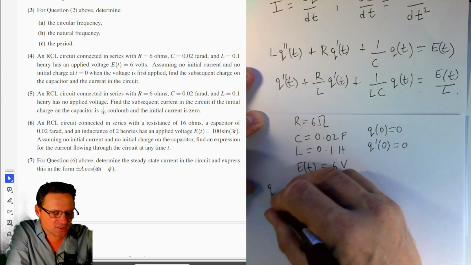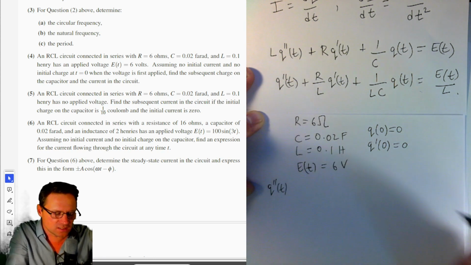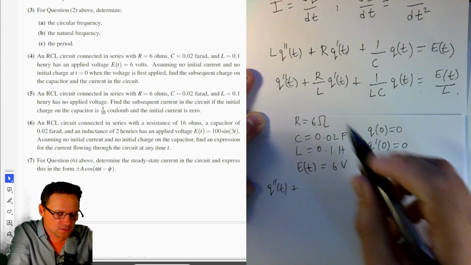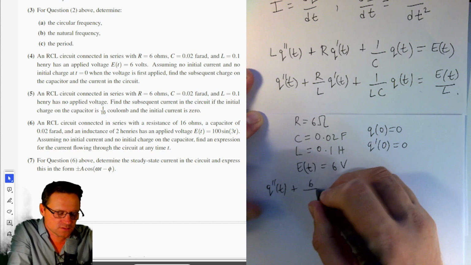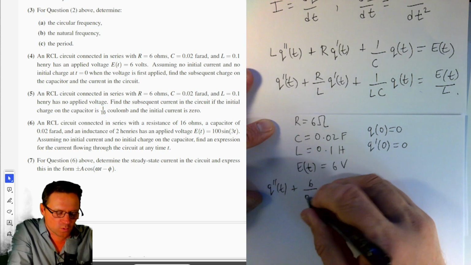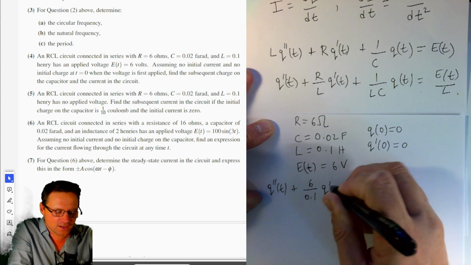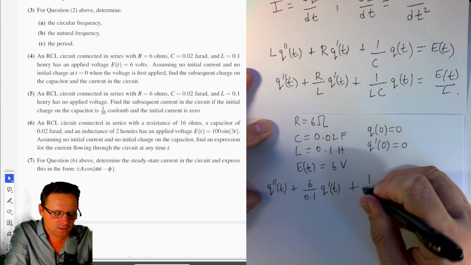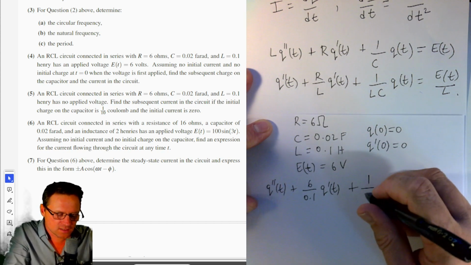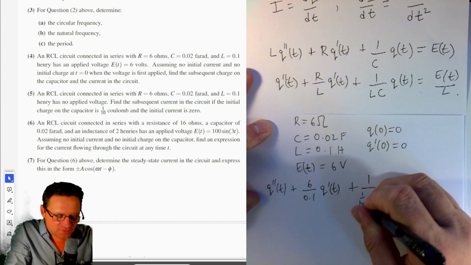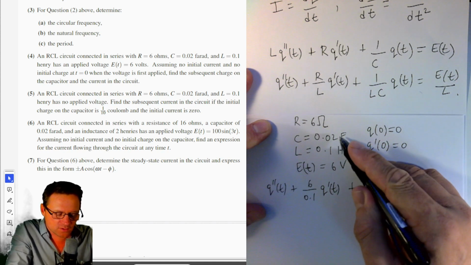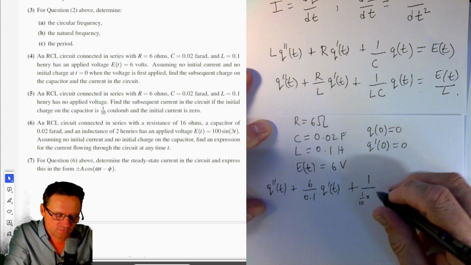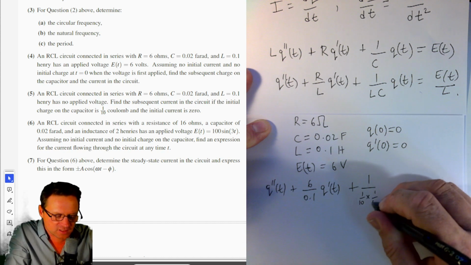So this gives us q''(t) plus 6 over L, so 6 over 0.1, times q'(t), and then we have 1 over L times C, so L is 1/10, and C we can write as 2 over 100 or 1 over 50.